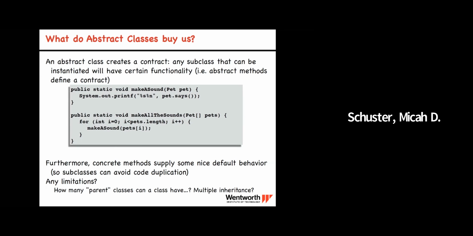If we could have more than one, and some languages allow more than one parent class, that's what's called multiple inheritance, and it causes its own issues and things you have to think about. Java does not allow multiple inheritance, so at most you can only extend one other class.